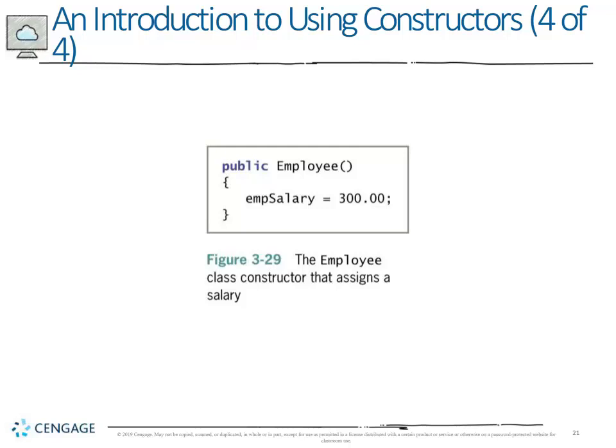It cannot have a return type, so we don't see any return type. It must be public. If it's not public, we cannot instantiate an object. Constructors can also take parameters, which are used to initialize attributes. You can have multiple constructors with different parameter lists, or we say different signatures, for a class.